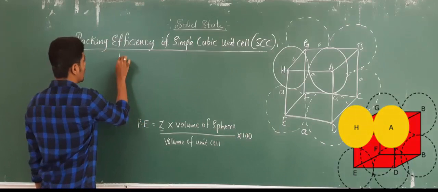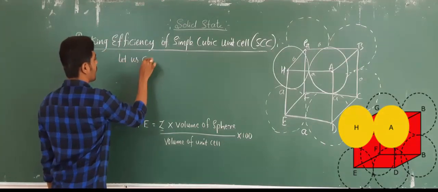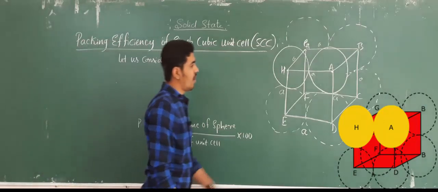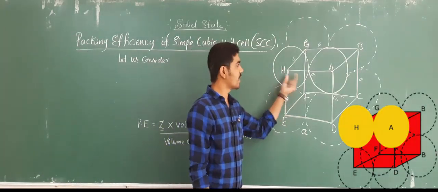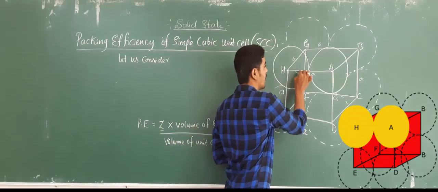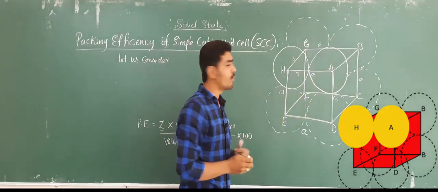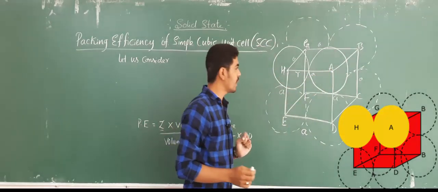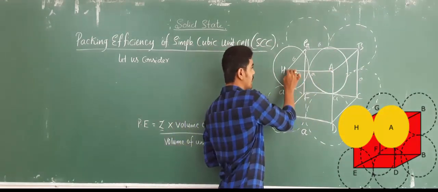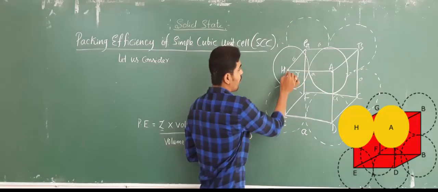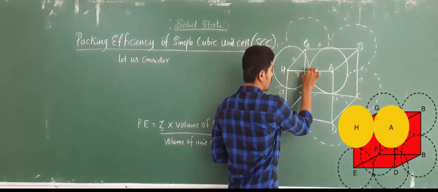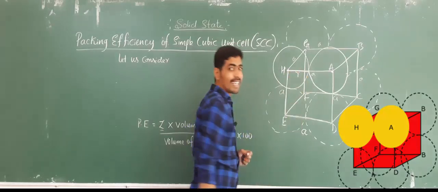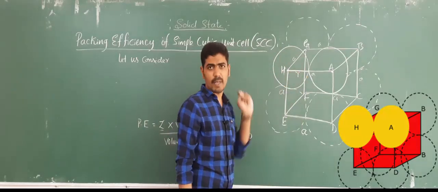Now let us consider the radius of this sphere is R. Okay, two spheres are there. We will focus only on these two spheres. Okay, so if we consider this one as the center, from this center to this point, we can call it as radius of this sphere.